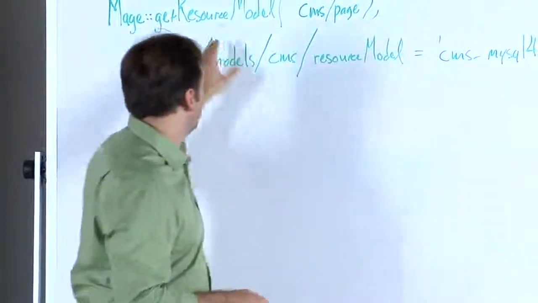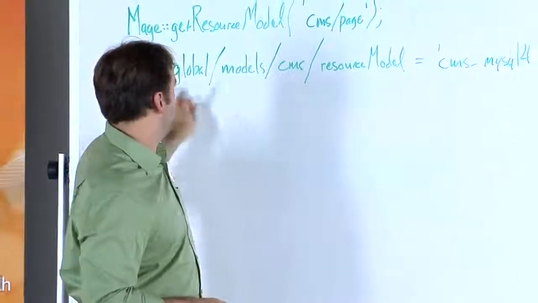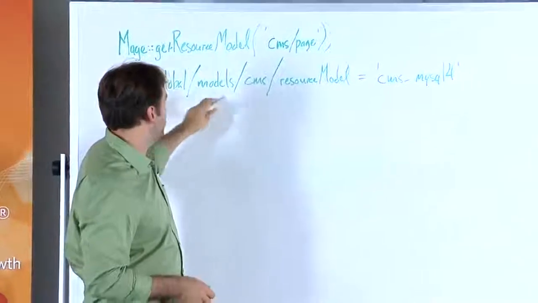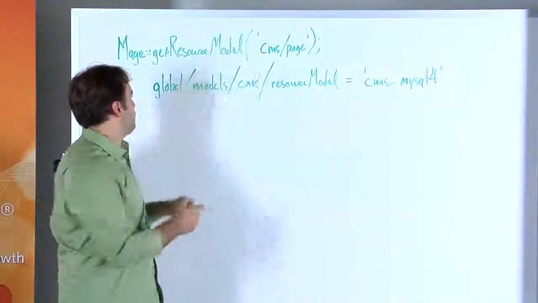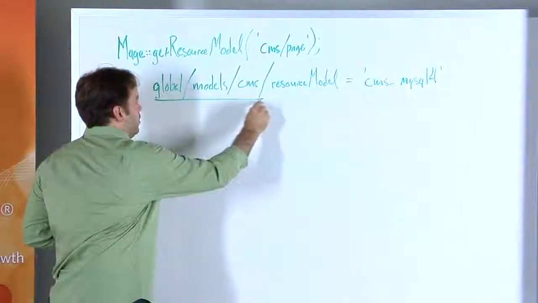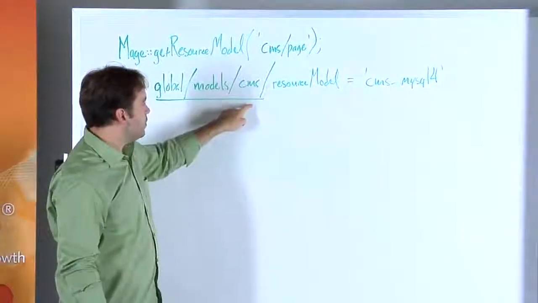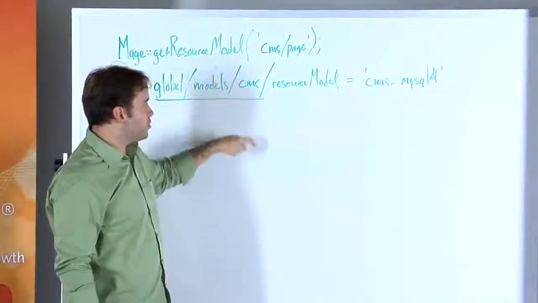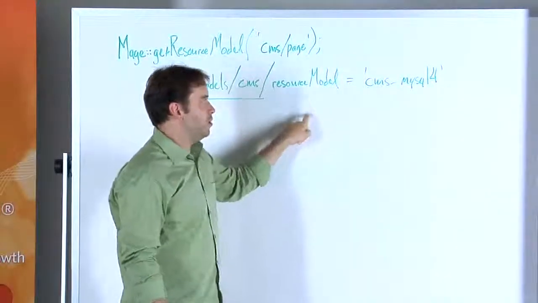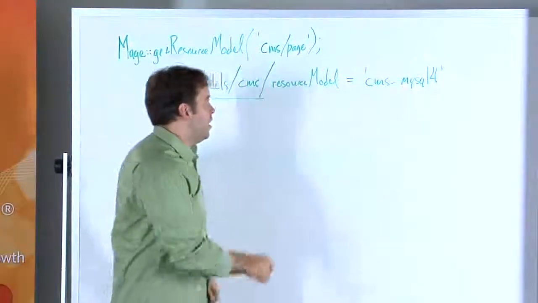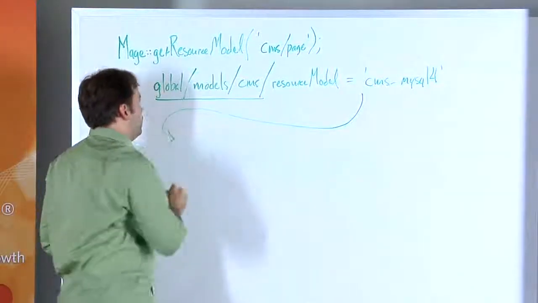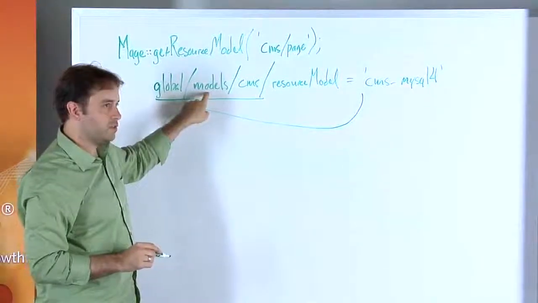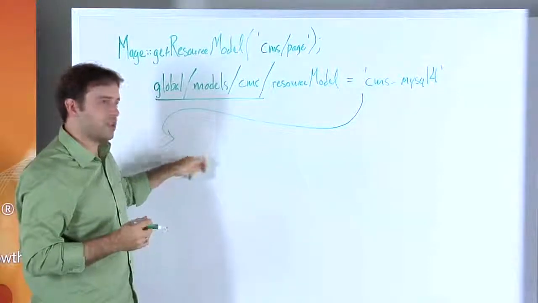Because what happens with get resource model is, first we look here, global, because we have to take CMS. The config object takes CMS, matches it up to here. But then because we're looking for a resource model, we look in the resource model node, get this string value, and then internally pass that back into another function that we use for models to get the model group class name.